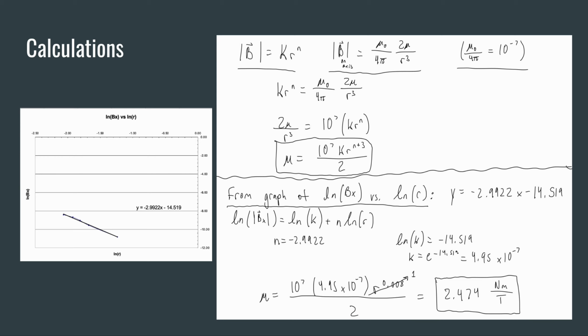And then using our equation in the graph, that y is equal to negative 2.9922x minus 14.519, we found that n is equal to negative 2.992, and that k is equal to 4.95 times 10 to the negative 7. Plugging those values into the equation we found earlier, we found that the magnetic dipole moment was equal to 2.474.